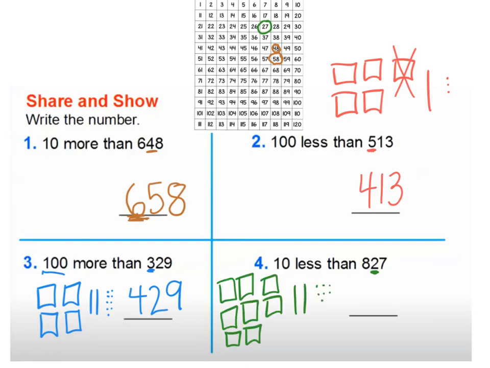So if we look at the hundreds chart and take away a 10, that means we would have 17. And down here in our picture, cross out a 10 block. Notice we have 17 left right here. Don't forget about our hundreds place though, it stays the same. So our new number is 817. Great job. Now it's time for you to try this on your own.